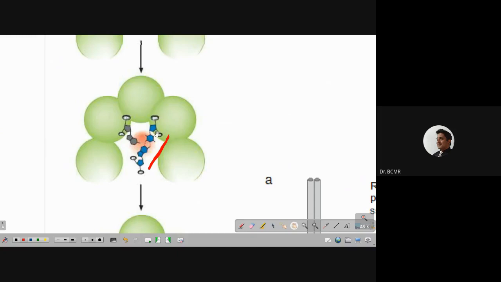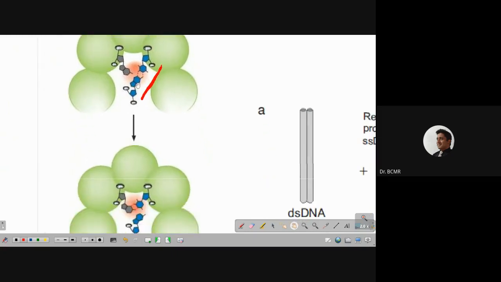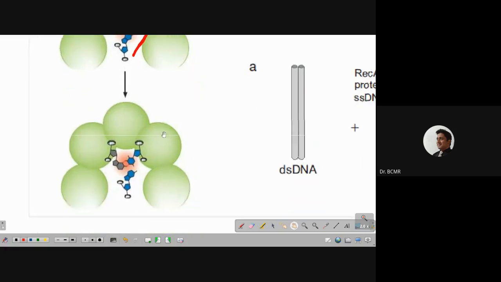This is the double-strand DNA, and this is the single-strand DNA onto which the RecA filament has formed. And now what it does is move this one to base pair with this one. How can base pairing happen? It will only happen if these two strands were homologous or complementary, only then will there be exchange. So the DNA molecule here will start base pairing to the single-strand DNA that it originally was paired with, and that is how strand exchange can be mediated.